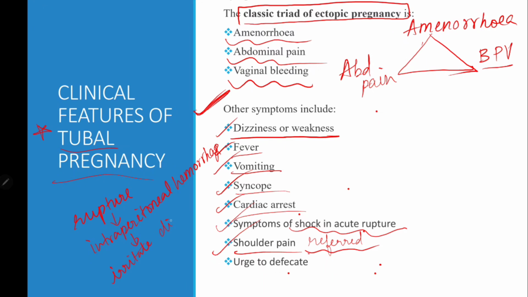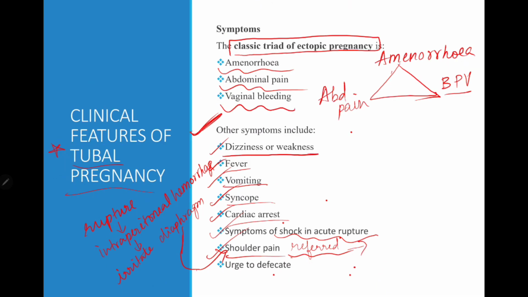If the diaphragm is irritated, then from the diaphragm there is a referred pain into the shoulder. This referred pain to the shoulder is very important. This sign, referred shoulder pain, is known as Danforth sign. It is an important sign because of rupture. And urge to defecate.